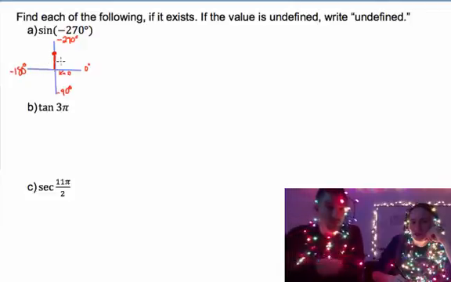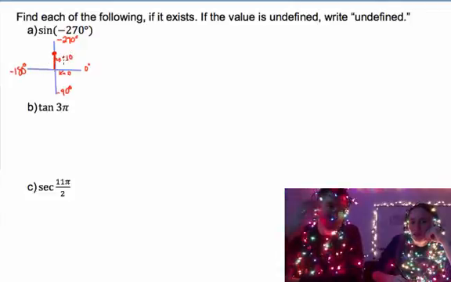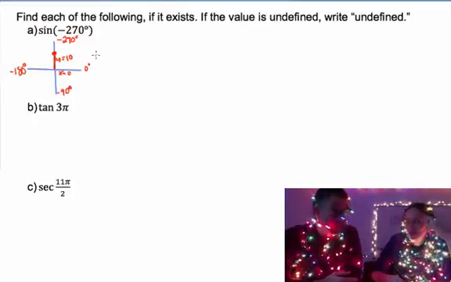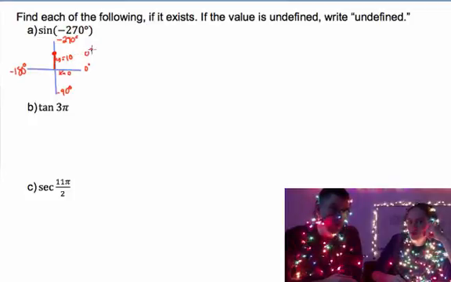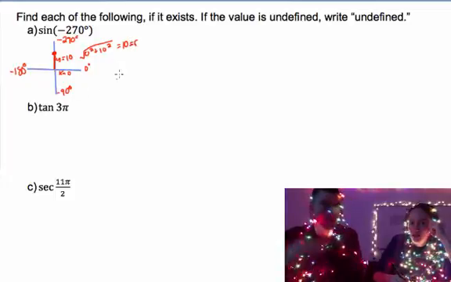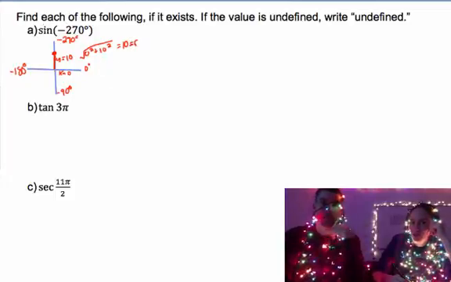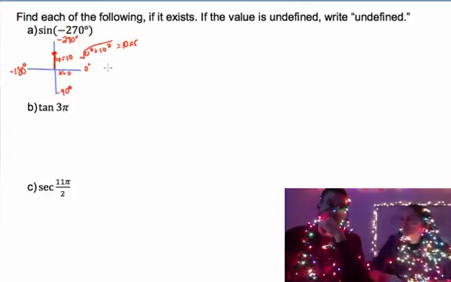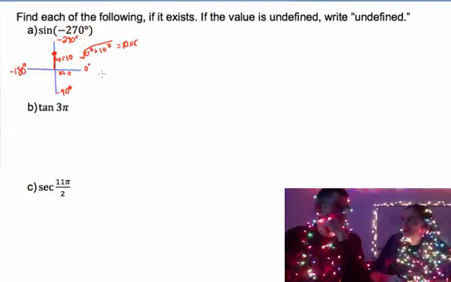Then if we think about what that makes r, if we do a little Pythagorean theorem action, with one of them 0 you only have half of it, so r would be 10. Whoa, 10 divided by 10. But we need to figure out what sine is, so we don't need 10 divided by 10. Sine is y over r.